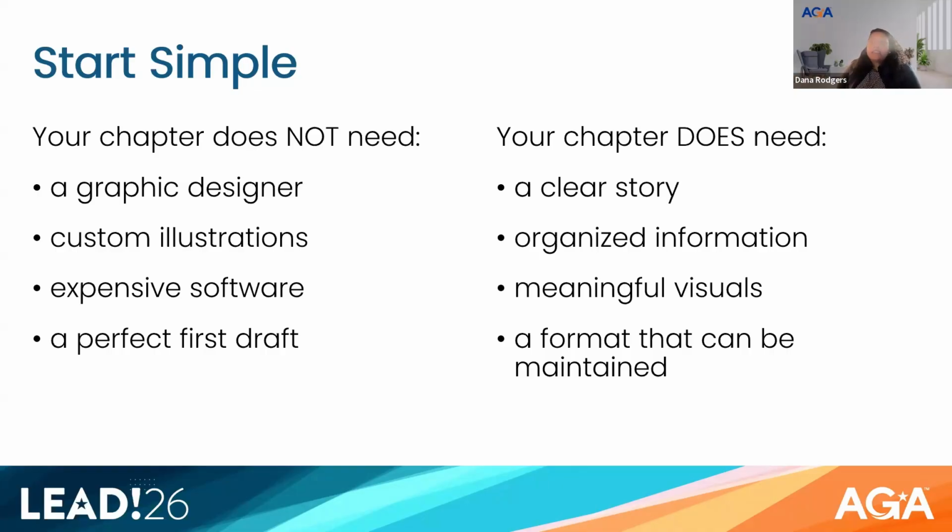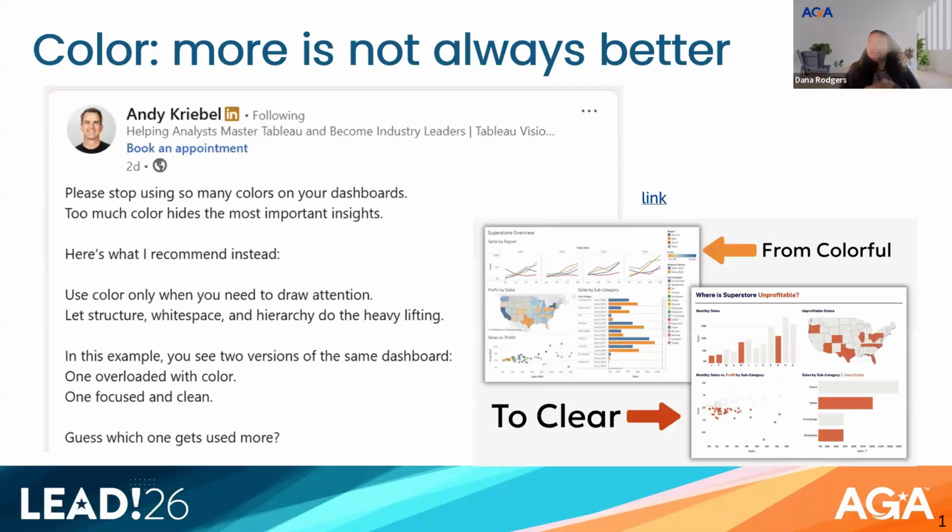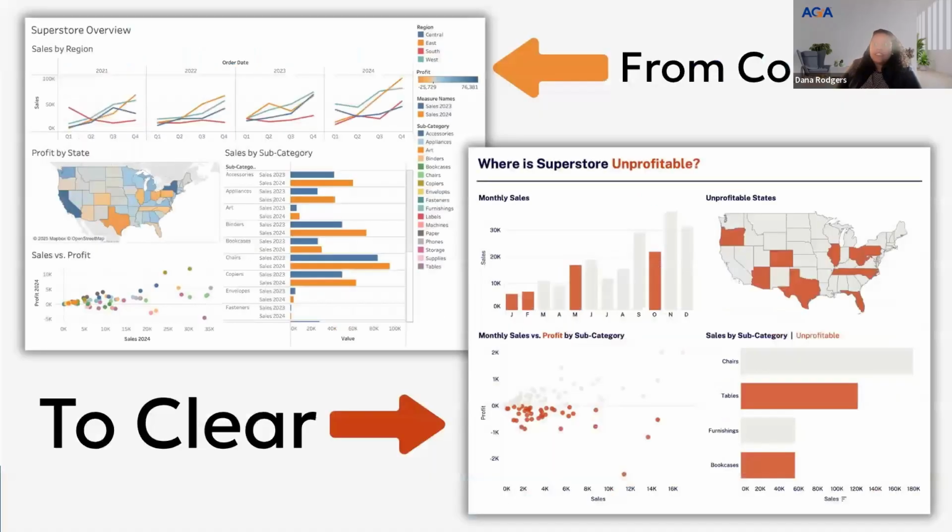So from a design perspective, I just want to talk about color, right? More is not always better. In fact, sometimes less is more in this case, right? Recommendations for using color: only use it when you need to draw attention. Not only, but for the most part, right? Pick and choose when you're using it and where you want to draw your attention. So for example, if I made this one a little bit bigger, the example on the left, the eye is drawn all over the place, right?